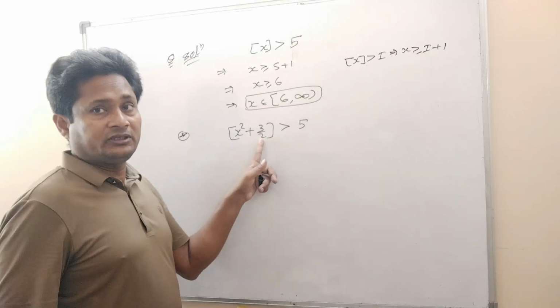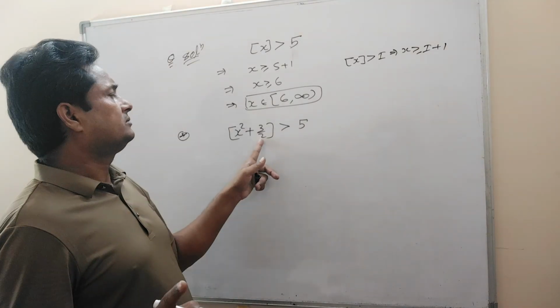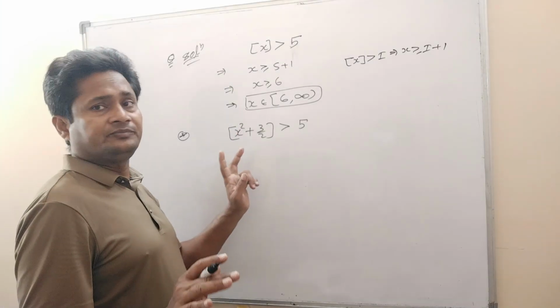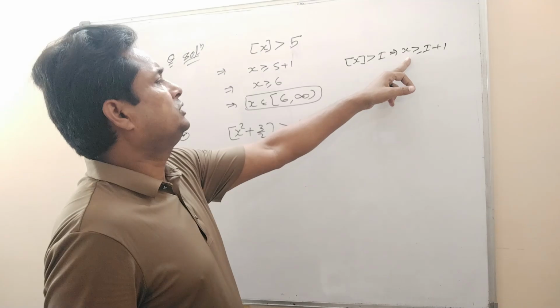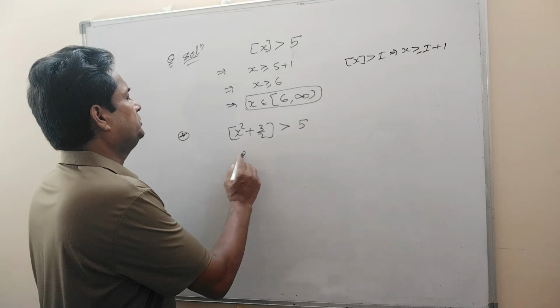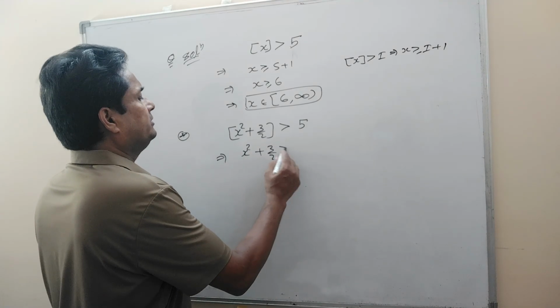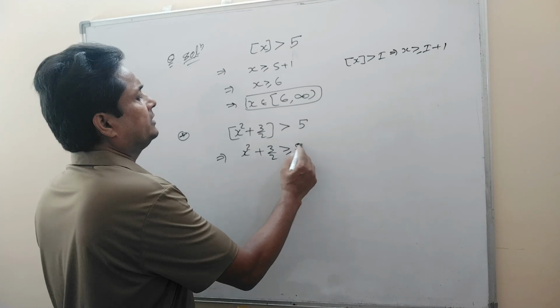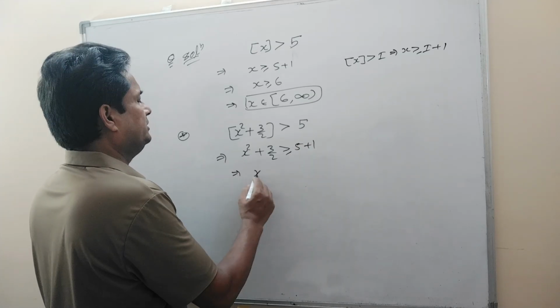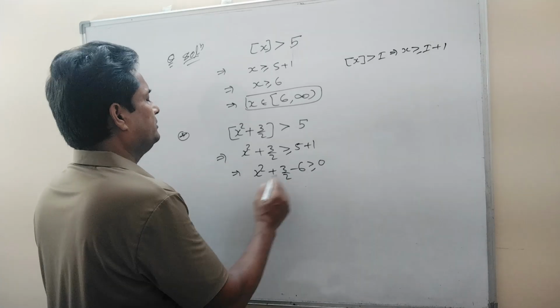This is not the integer first of all, so it can be written as it is. So the solution of this one will be x square plus 3 by 2 greater than or equal to 5 plus 1. So this is x square plus 3 by 2 minus 6 greater than or equal to 0.